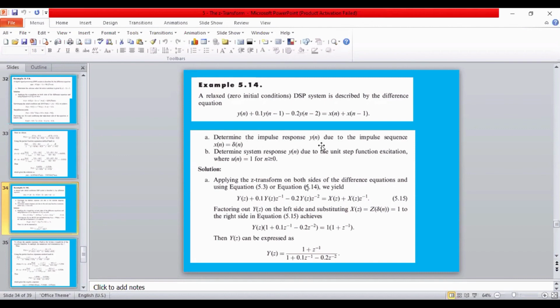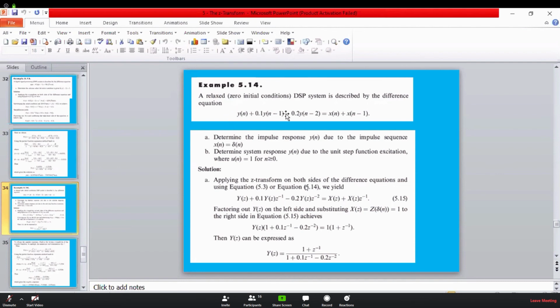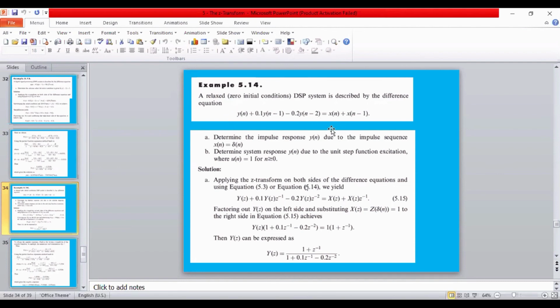Imagine that you have to find the output when we have a particular input, and the input is our delta function. So imagine that you place the delta function instead of x. X could be any function, right? It's a general expression.